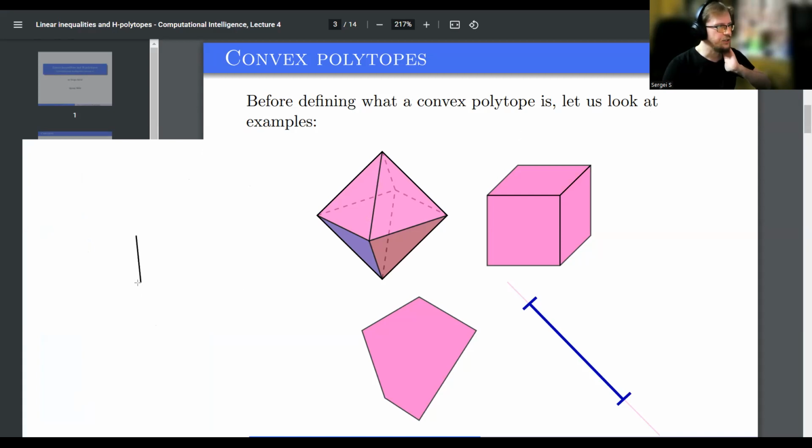We need at least some coordinates to make it understandable. So those are our x1, x2 coordinates.